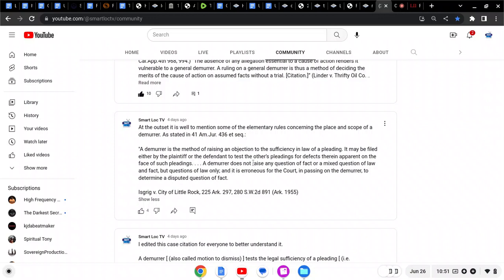A demur does not raise any questions of fact or a mixed question of law and fact, but questions of law only. And it is erroneous for the court in passing on the demur to determine a disputed question of fact. I'm going to go up some more.